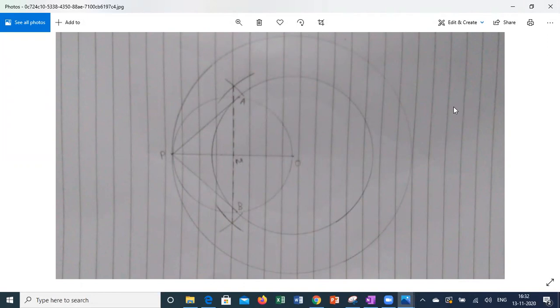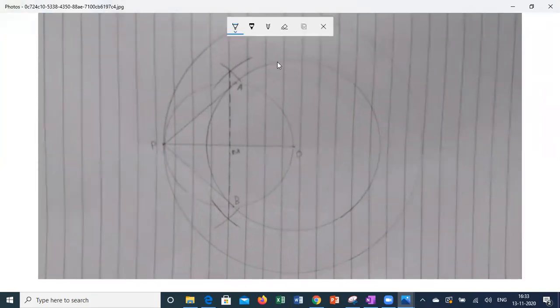So when you measured with the scale, you got 4.5, am I right? Yes, sir. So approximately it is 4.5, or between 4.4 and 4.5. It will be very simple. See, you are drawing the tangents to the circle. I'm taking different colors. The tangents are with red color.